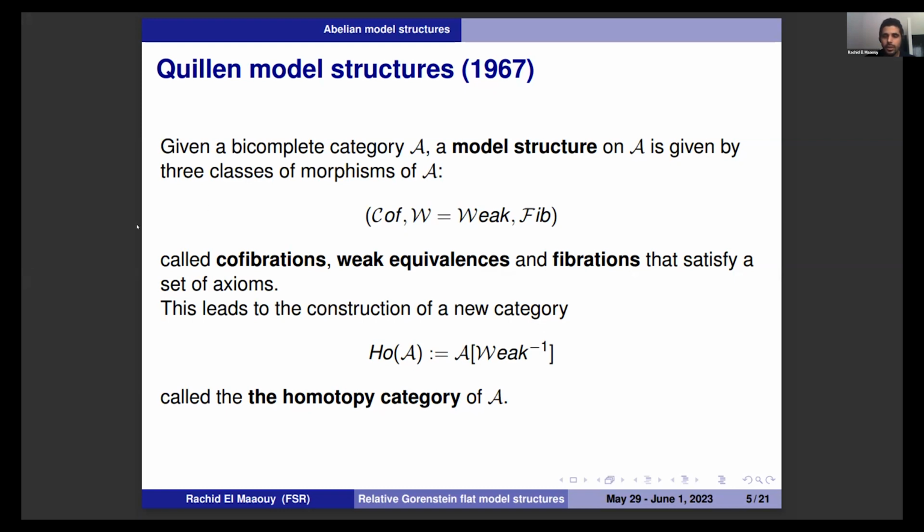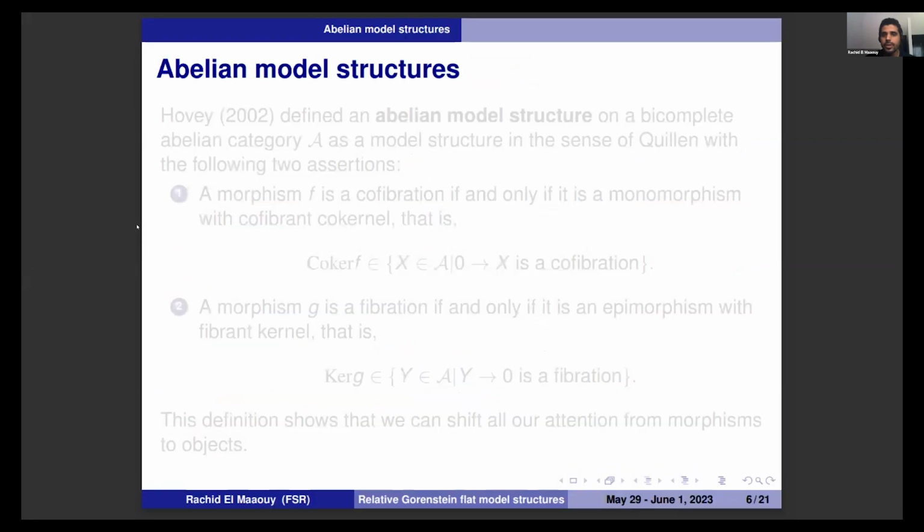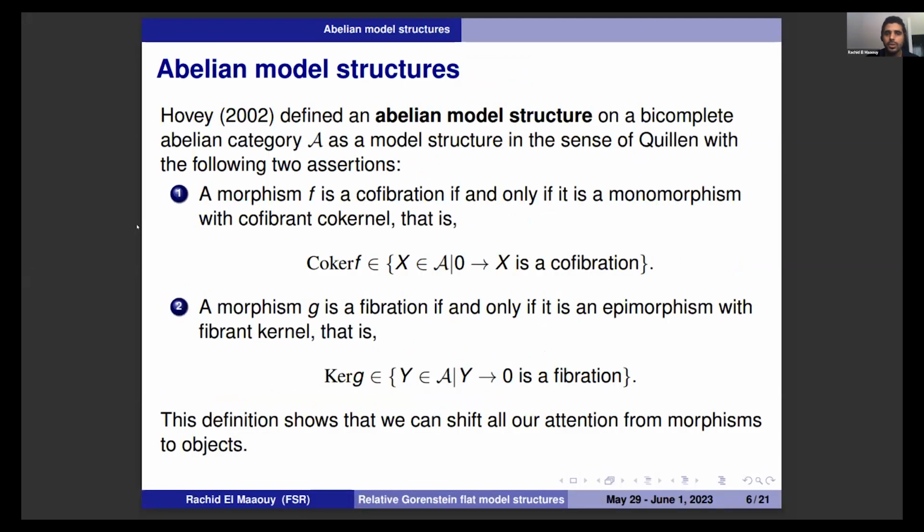However, in this talk, we are interested in a more particular instance of model structures called abelian model structures. They were introduced by Hovey in 2002. They are model structures in the sense of Quillen, but with the following extra assumptions. A cofibration coincides with a monomorphism with cofibrant cokernel.